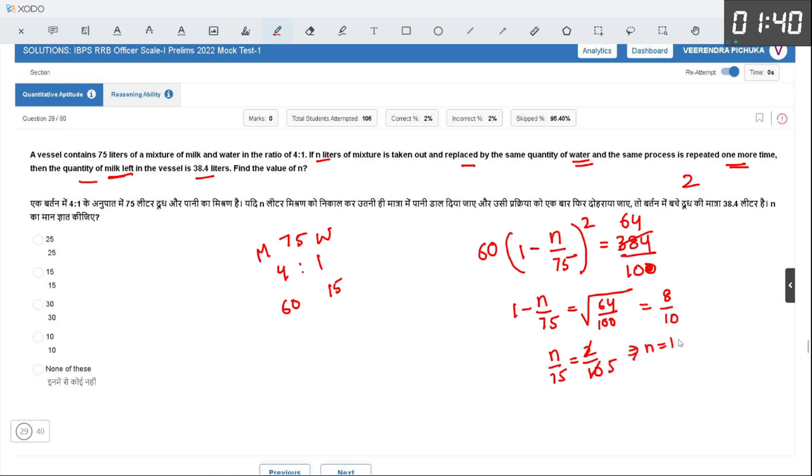How many liters did they remove? 15 liters. Got it? That's it. If we take it three more times, then you can write here as 3. Initial is initial, final is the total, how much they removed, and the number of times they removed. Got it?